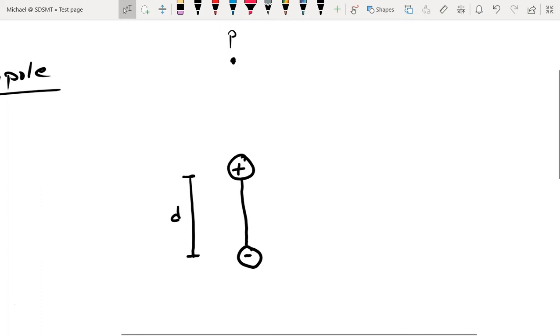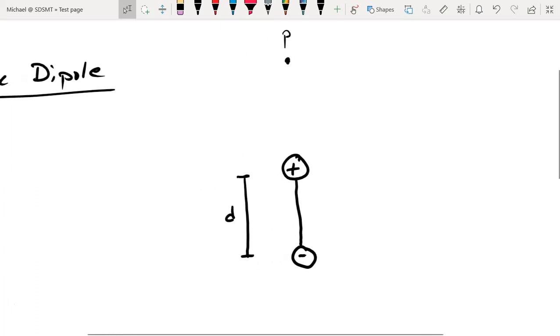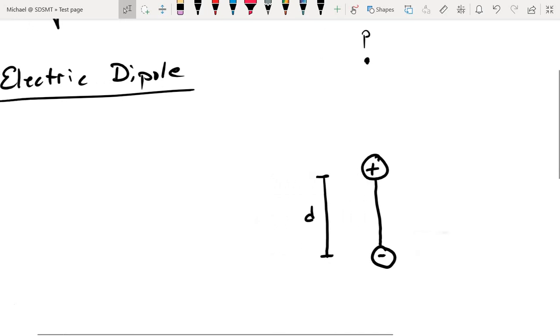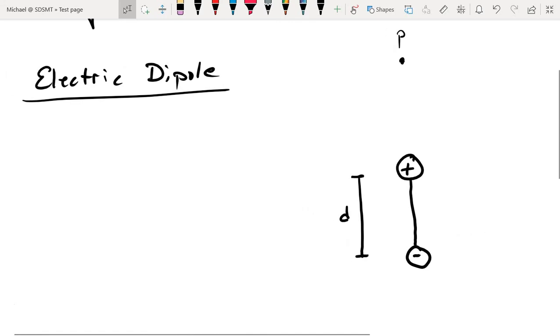Where things are going to become more difficult is how our author wants us to describe the final expression. The first thing we're going to do is define a characteristic of this dipole, which is what we call the electric dipole moment.